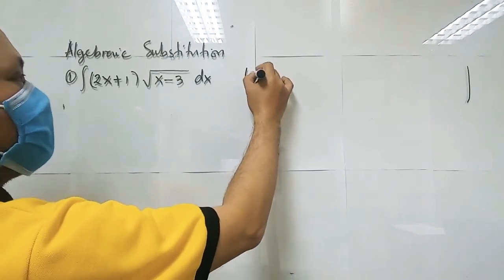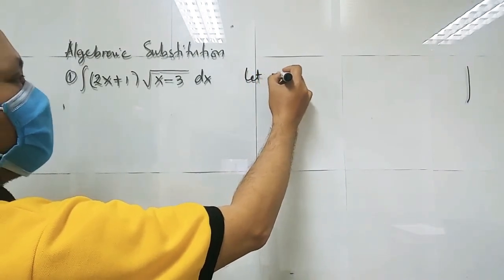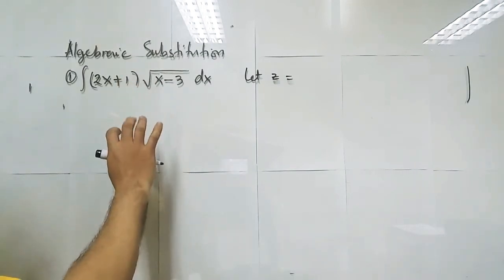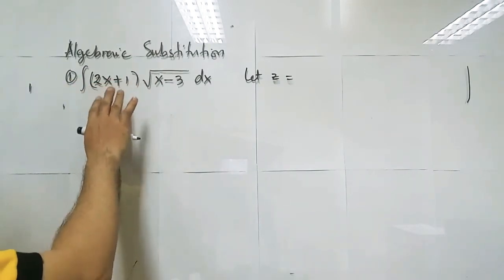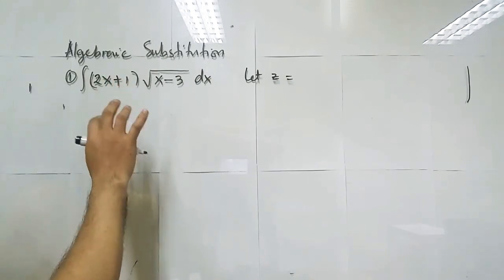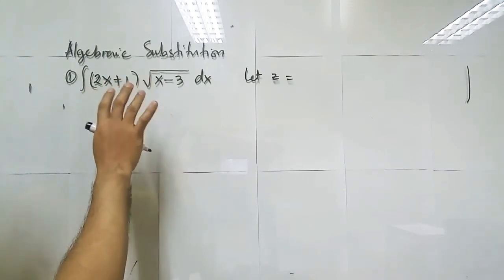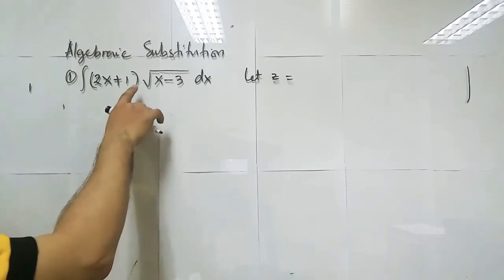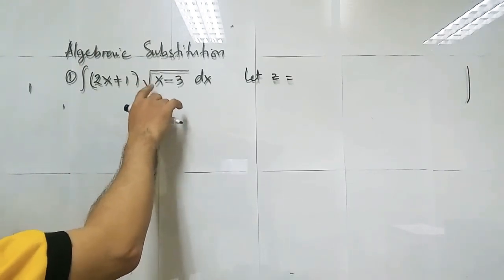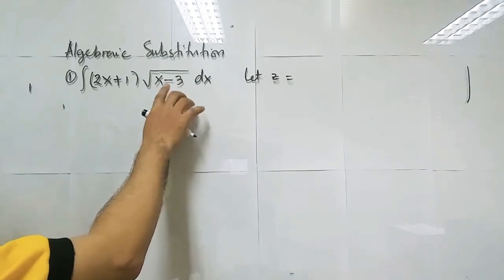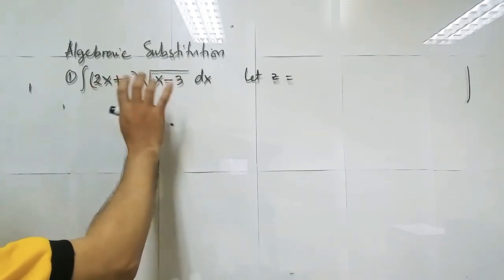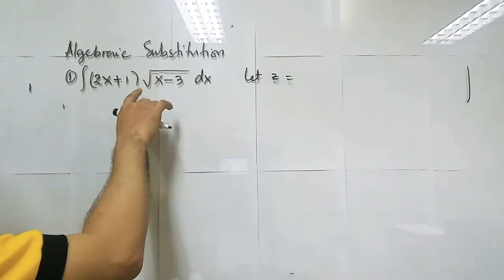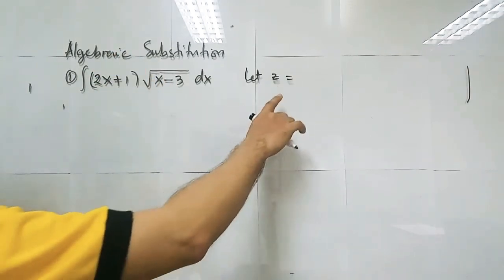So in this case, let's say z is equivalent to... Now in this problem, you have to select the portion which you think is more complicated. It seems that this square root of x minus 3 makes this problem complicated. So we will take this x minus 3 as z.